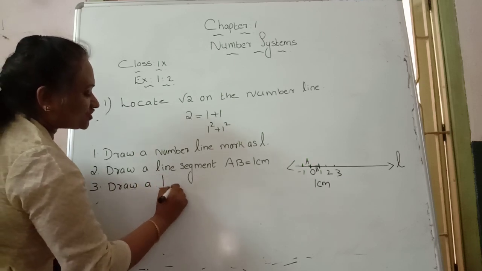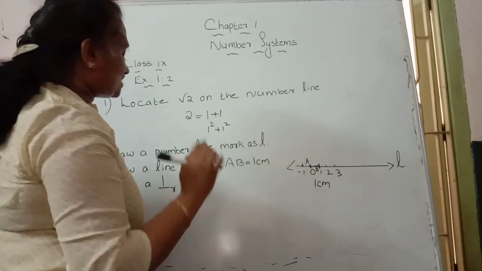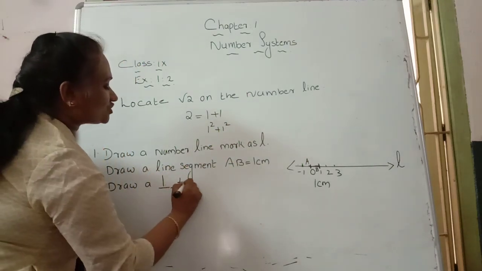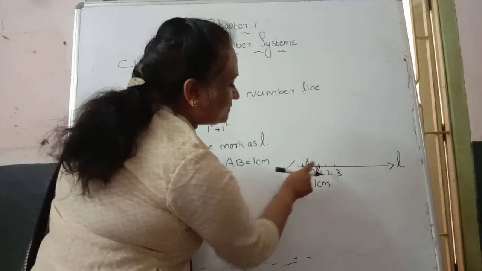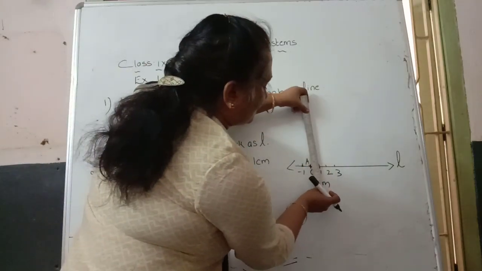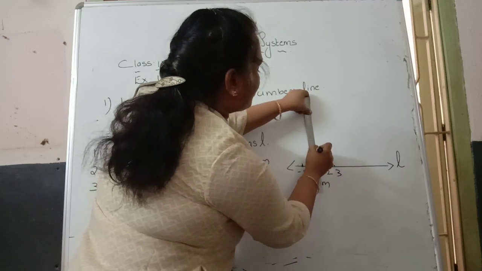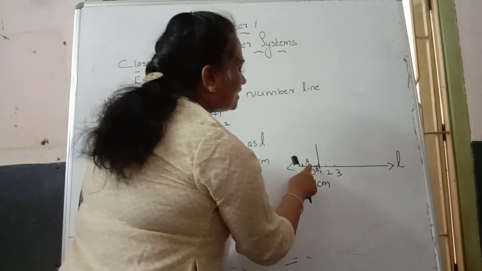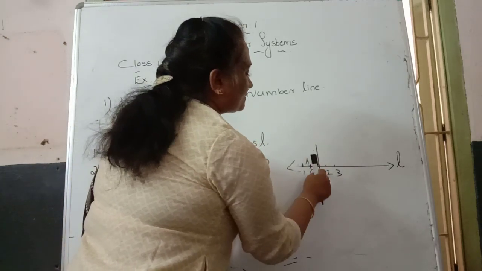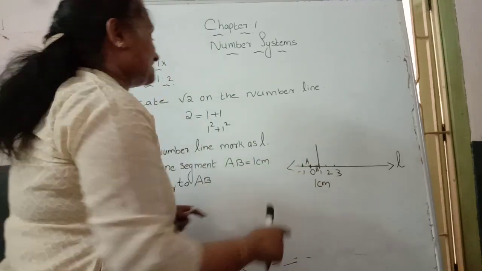Then the next, third step is to draw a perpendicular. This reversed T represents the perpendicularity symbol. Perpendicular to the AB line segment. This is our AB line segment. Keep B as the center. Drawing a perpendicular means making 90 degrees. So from B draw a perpendicular to the AB line segment.